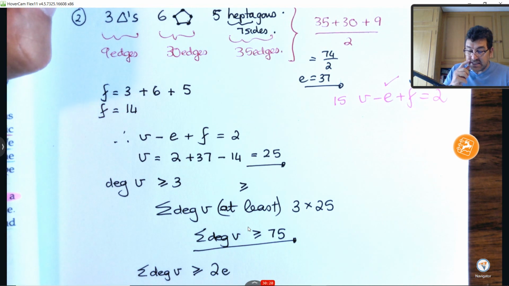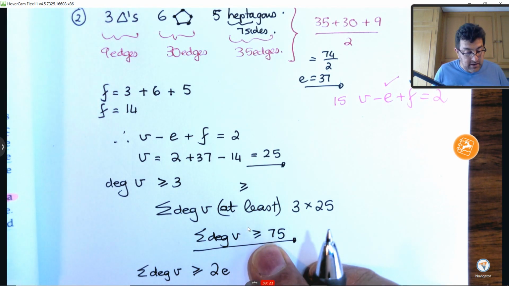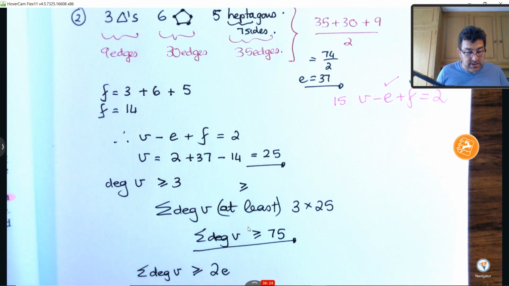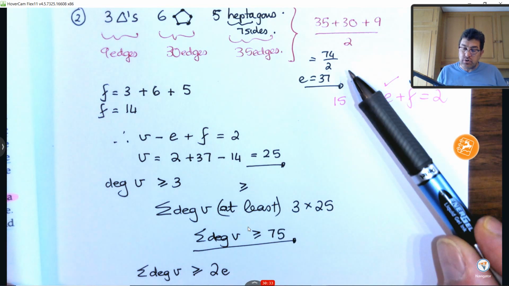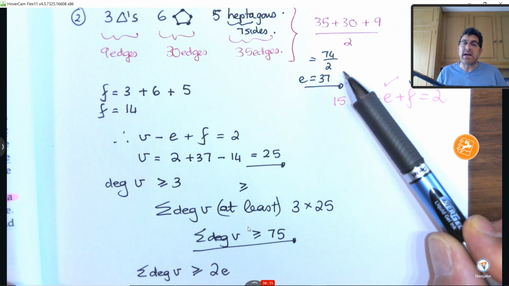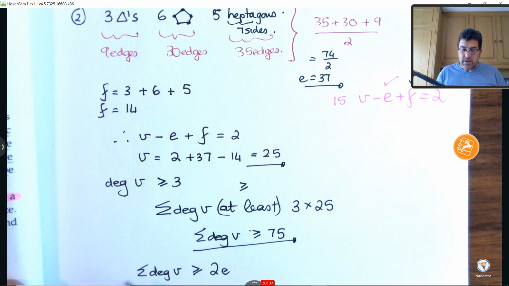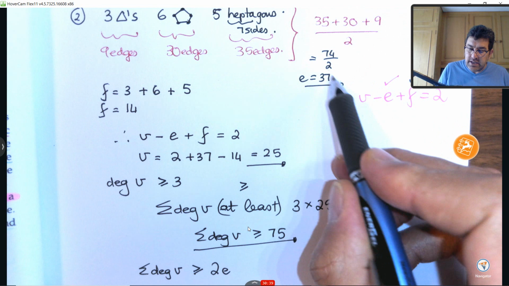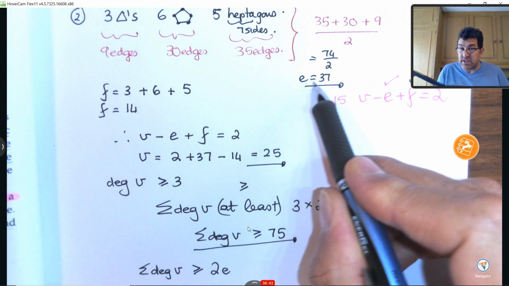So let's look at that again. What are we saying? We're saying the sum of the degrees must be at least twice the number of the edges. Okay, why? Because there's 2 vertices per edge. So each edge, there's 37 edges.